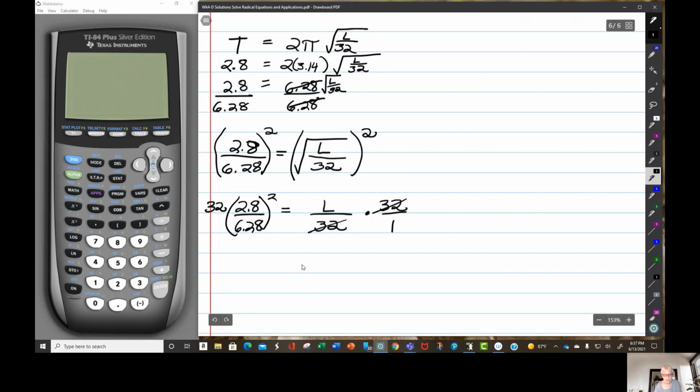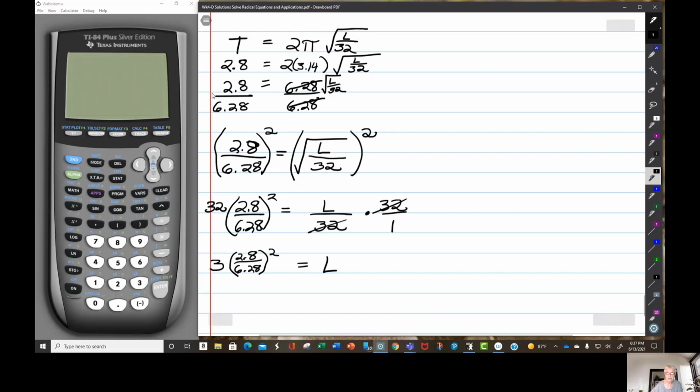Boom, boom, leaving me with L. What L equals is 32 times 2.8 over 6.28, parentheses closed, squared.